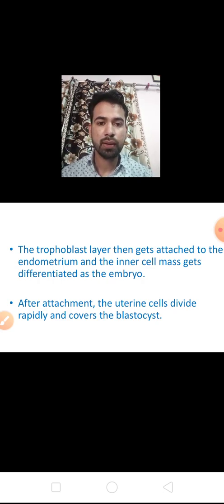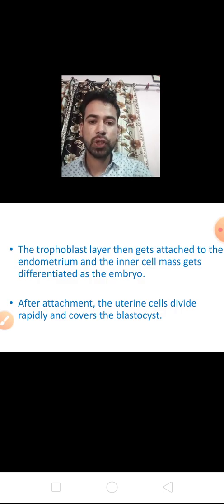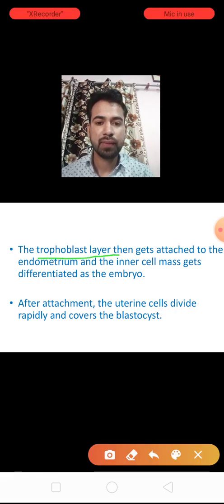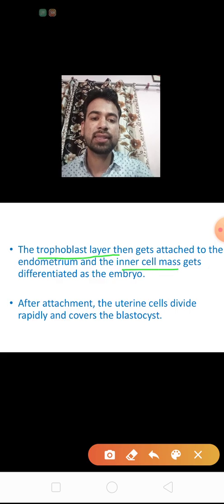Okay, so if you remember, I told two things in the blastocyst. The first is the trophoblast layer, and the second is the inner cell mass.